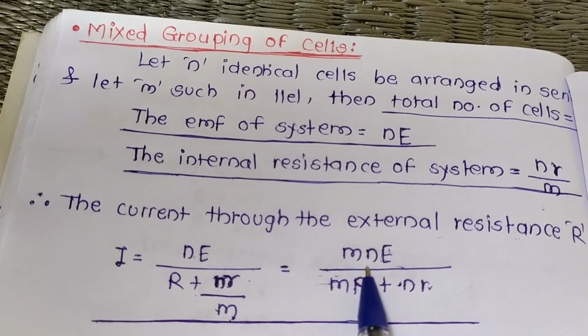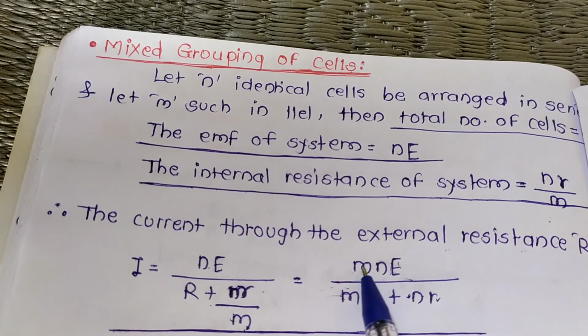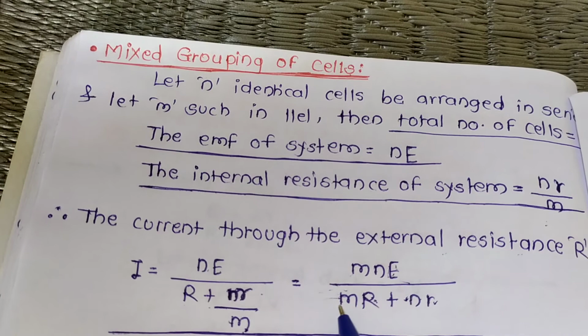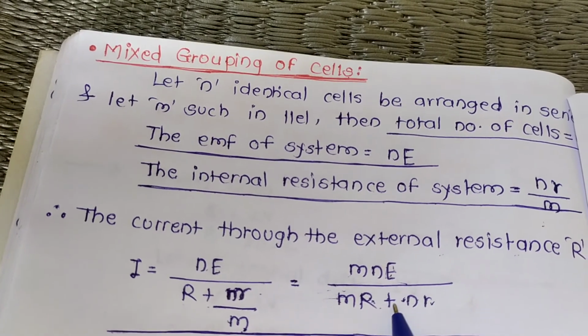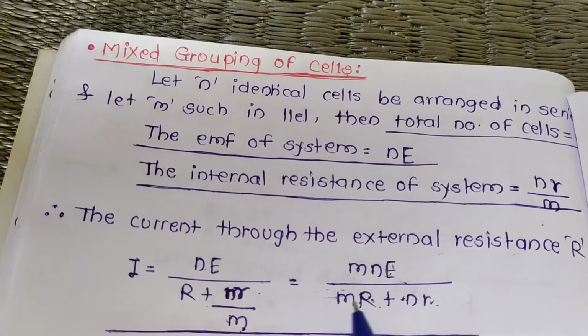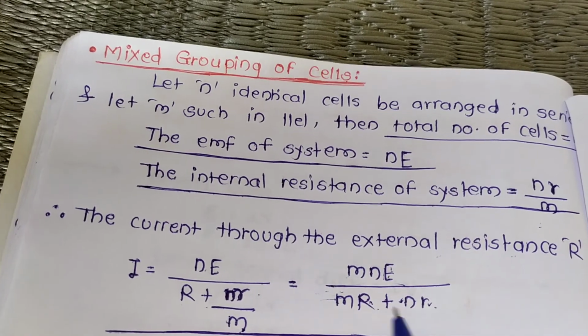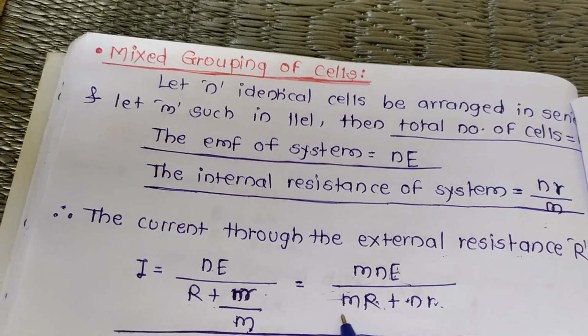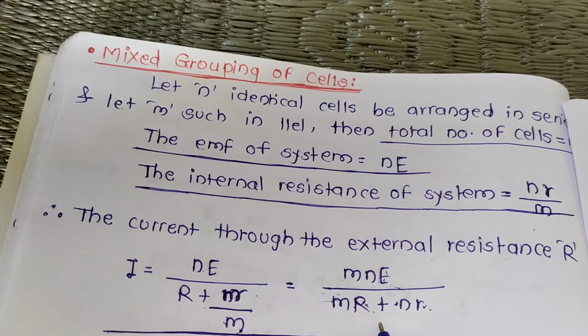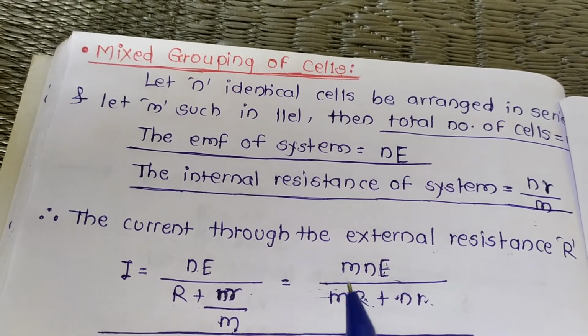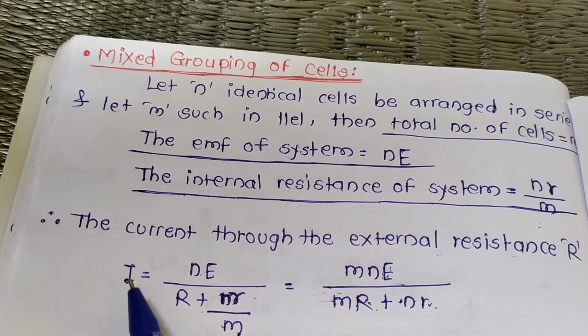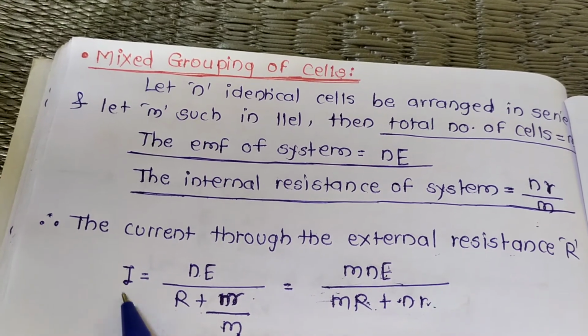I is equal to m n E upon m R plus n r. When this denominator is less, then we get the maximum value of I. Simple calculation.